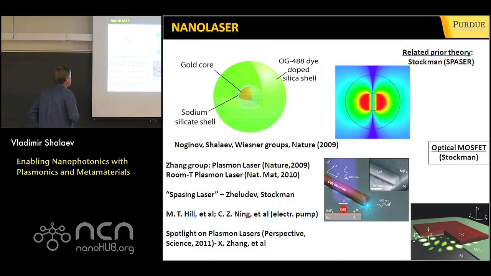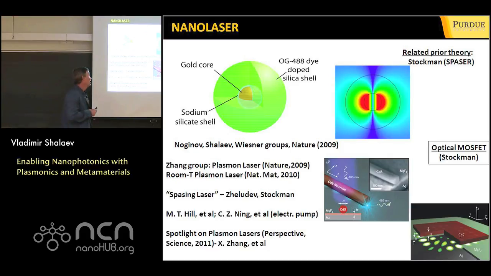And actually the very first nanoscale laser, which was really small in all three dimensions, was realized in our collaborative work between Norfolk State, Cornell, and Purdue. So here you could see our nanolaser. In the core, it has this gold sphere, which was only 14 nanometers in size.